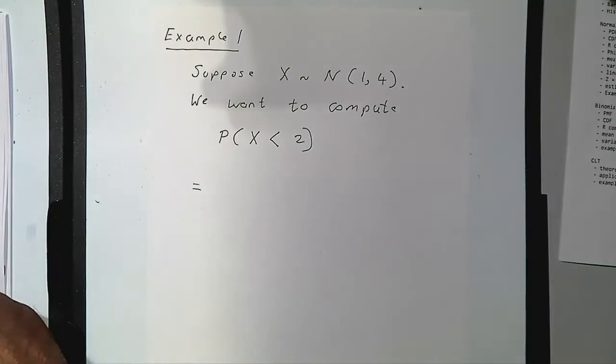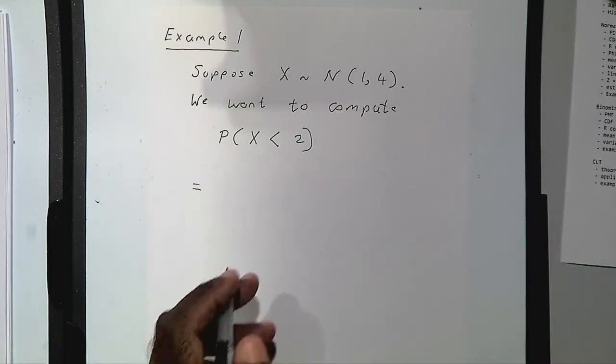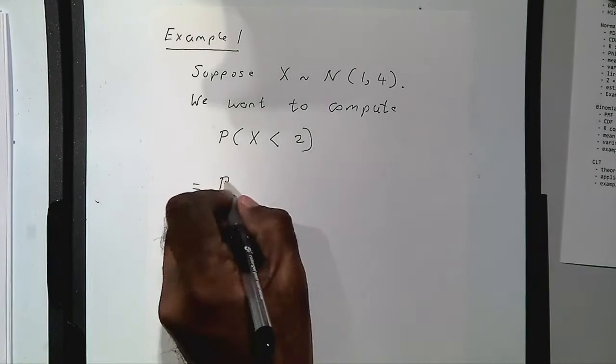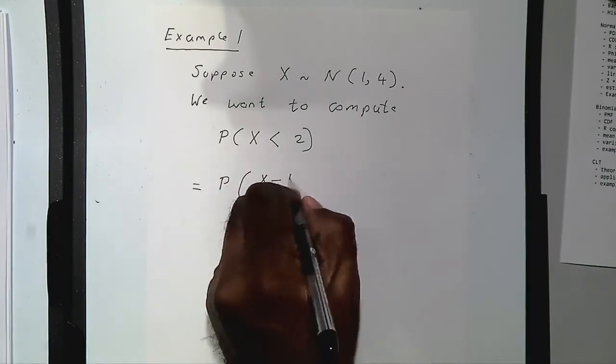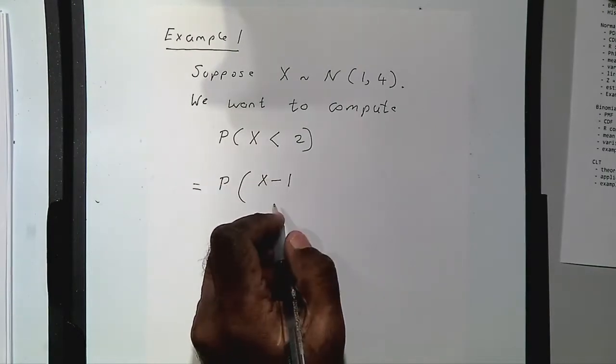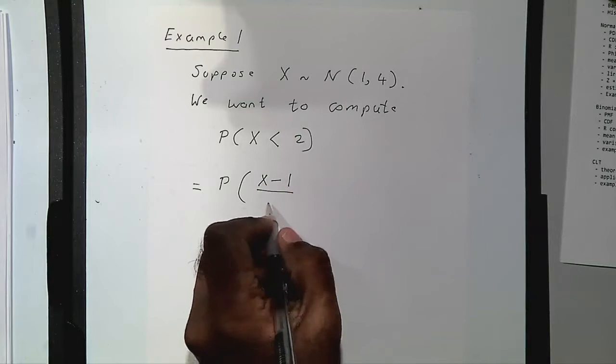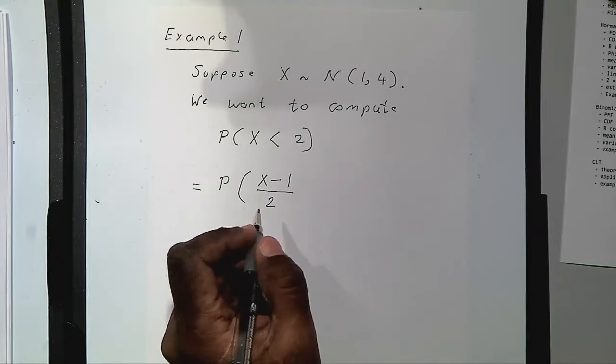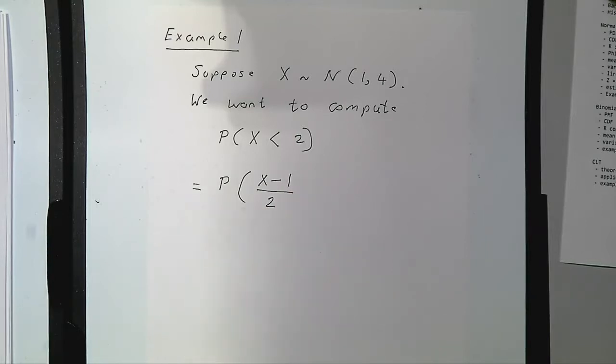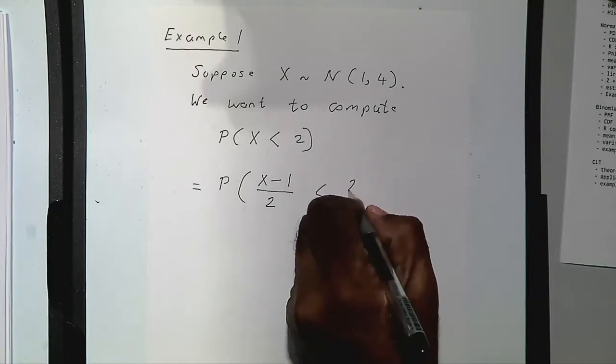If you go back a couple of slides, this is the process of standardization, from X to the standard normal variable. So what you do is you subtract the mean, which is 1, and divide by the sigma, which is 2. That's what I've done: X minus mu divided by sigma, and you do that on both sides.